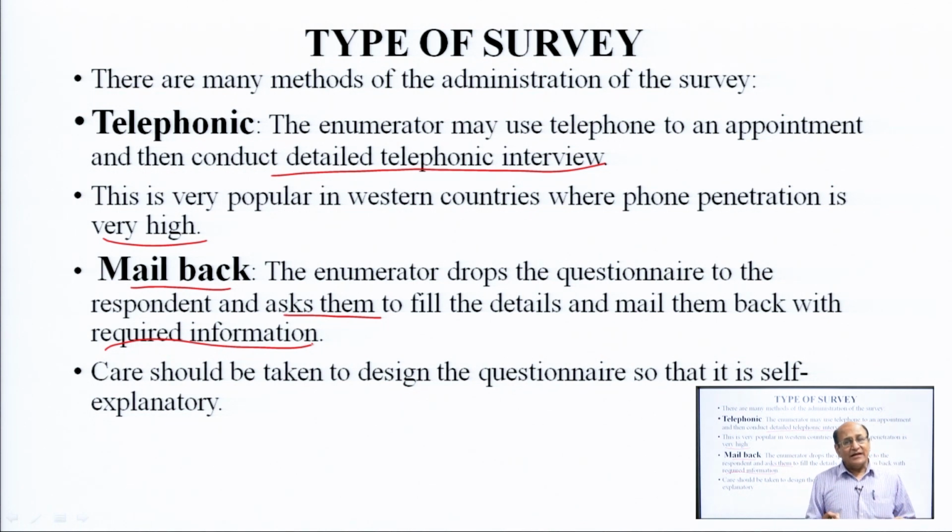The second issue is people won't like to reply to the questionnaires, because they have to fill in the questionnaires and mail them back. In a country like India, this mail back system is not very good, we can say.